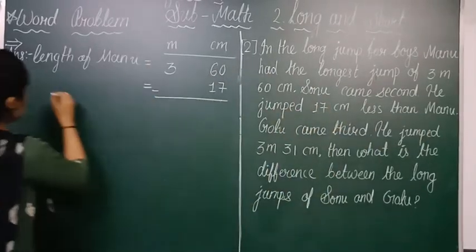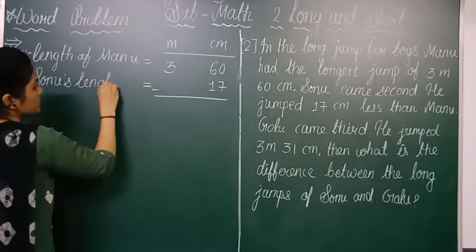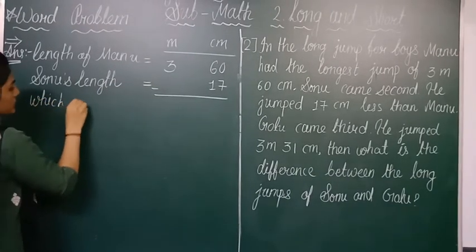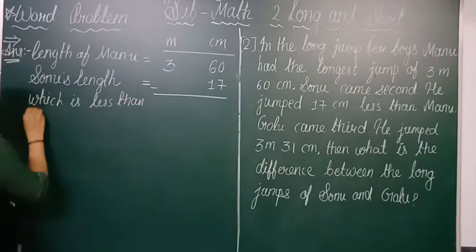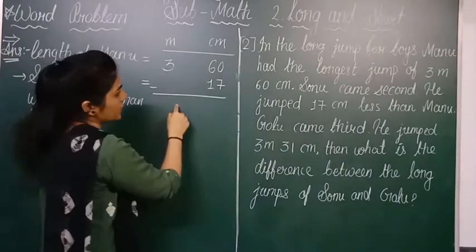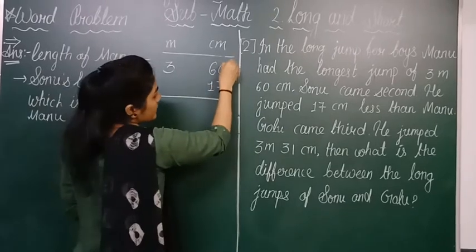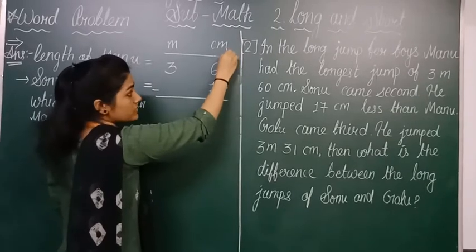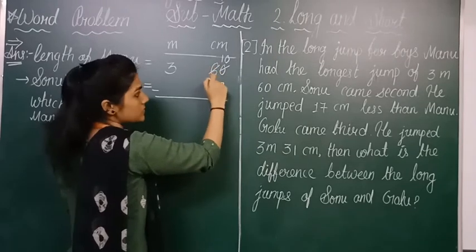So here we are writing Sonu's length, which is less than Manu, right? Now we are doing subtraction. From 60 we are cutting this 17, right? So here we have to take a borrow number, which is 10, and our rule is we have to cut the previous number and put one less than this 6.